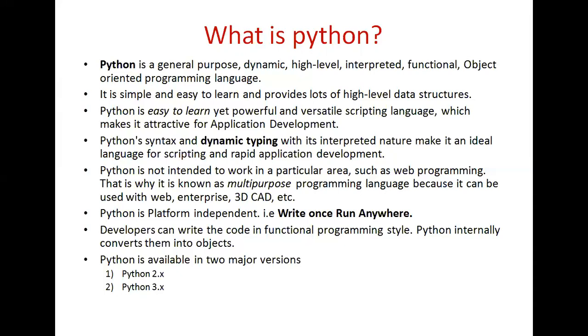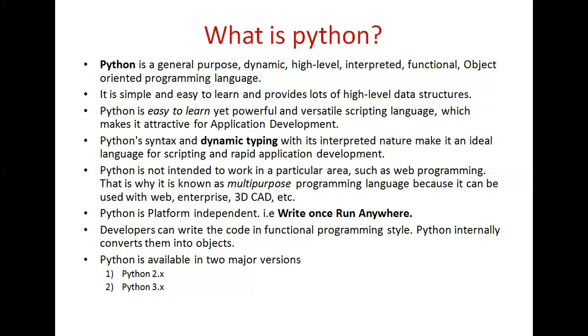It is easy to learn, and it is a scripting language which makes it attractive for application development. For every application development we use Python, and it is a powerful language. The next point is that Python syntax and dynamic typing, with its interpreted nature, make it an ideal language for scripting and rapid application development.